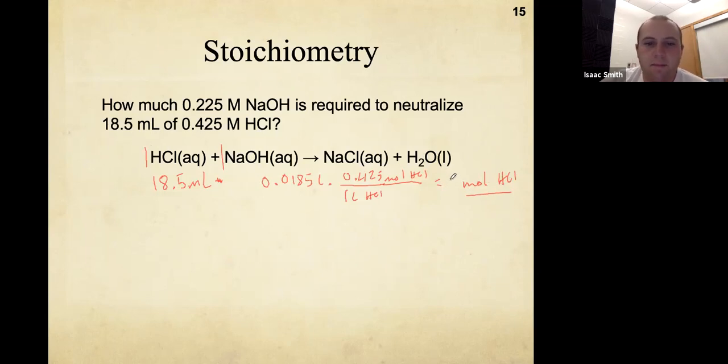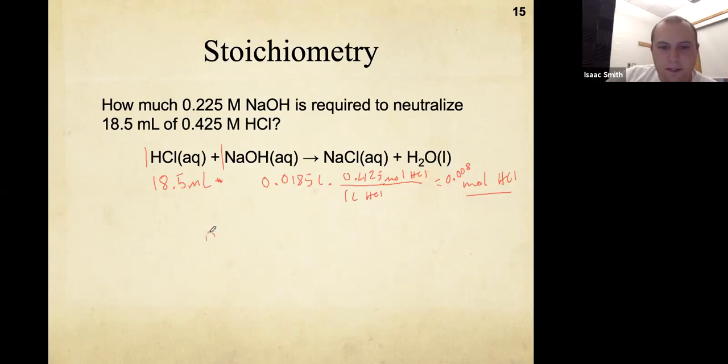So let me do this calculation real quick: 0.0185 times 0.425.